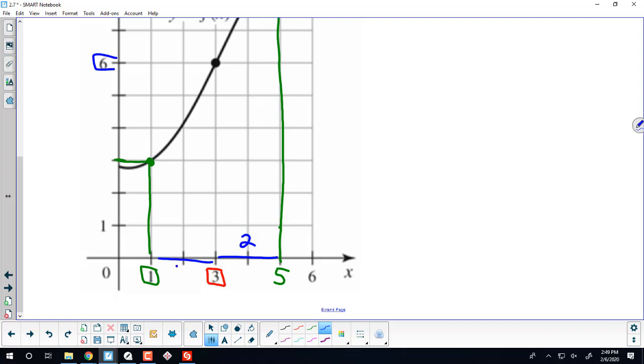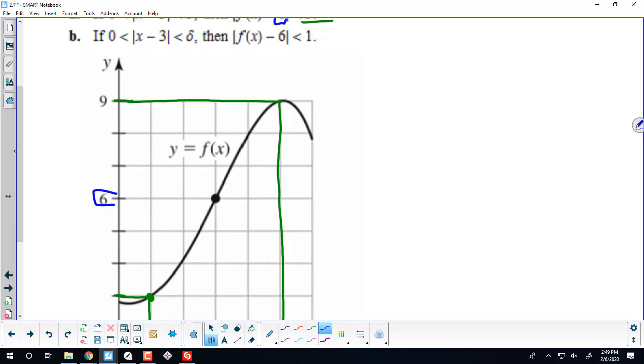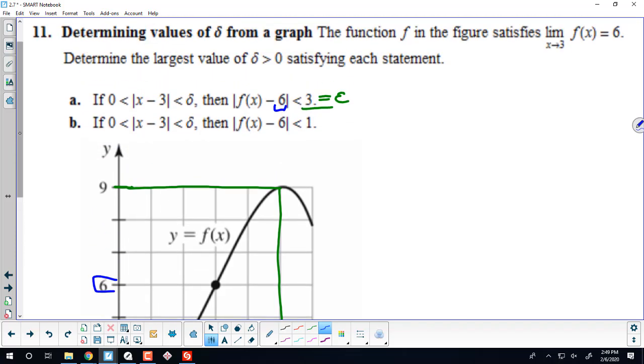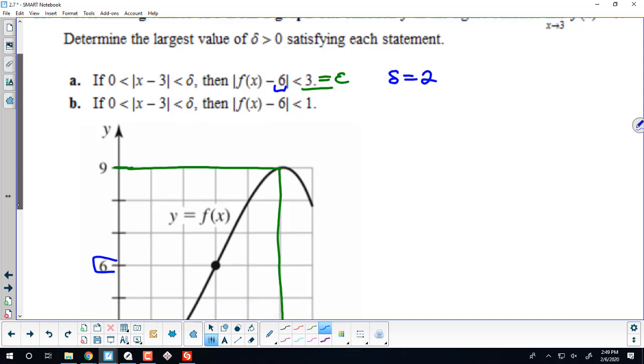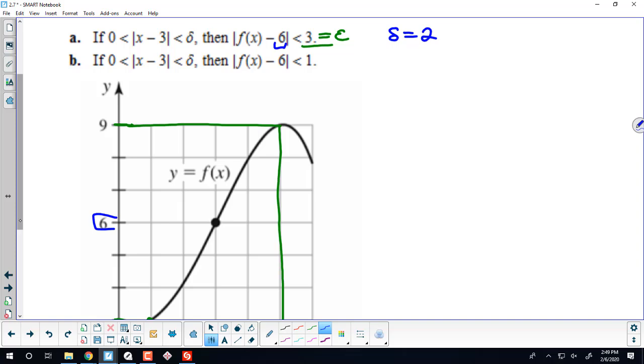So that's 2. That's also 2. Delta is 2. All right. So, anyone have any questions on this?